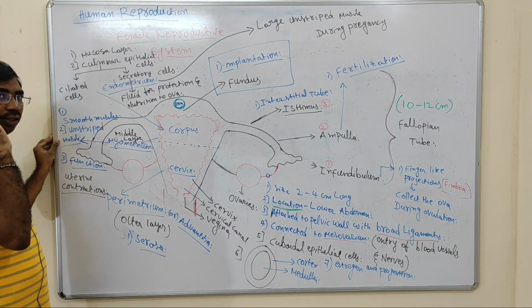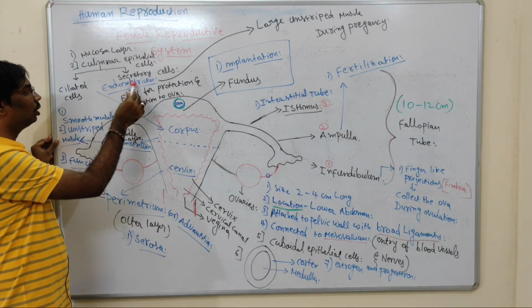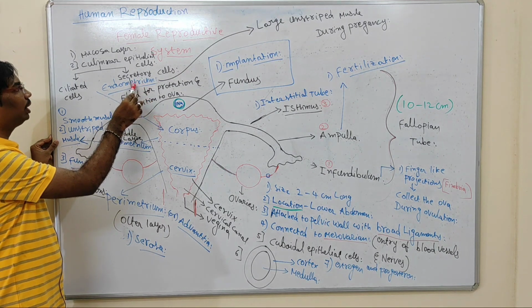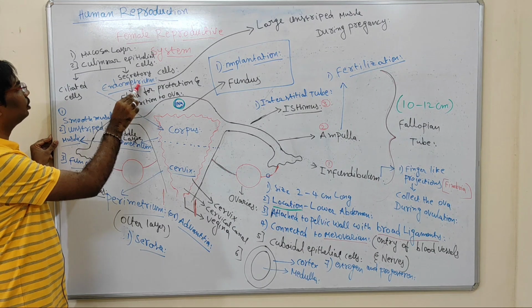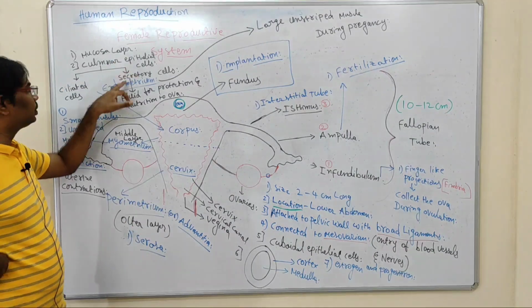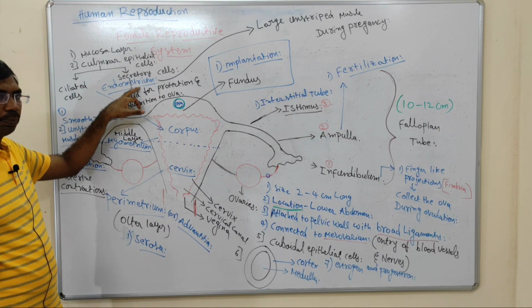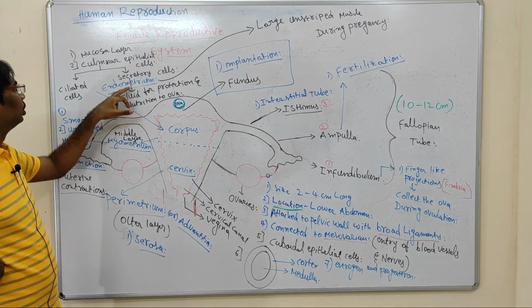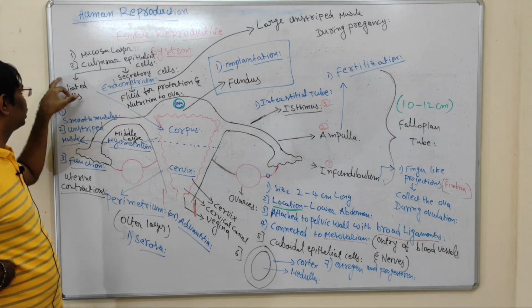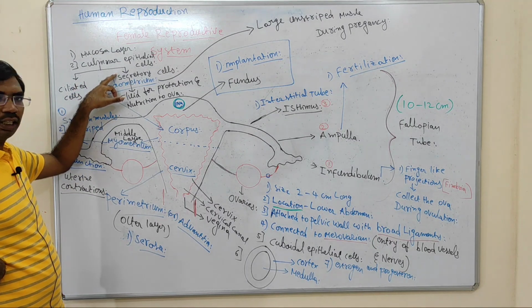After that, the innermost layer of the uterus is called the endometrium. The endometrium contains the mucosa layer. Columnar epithelial cells are also present in the endometrium, classified into 2 types: ciliated cells and secretory cells.